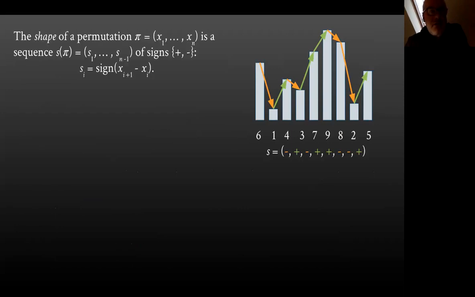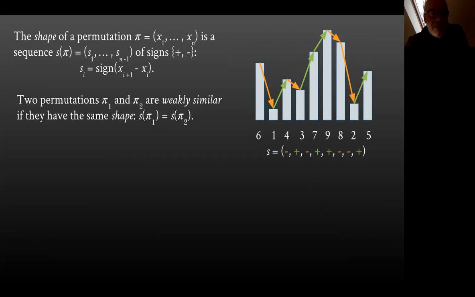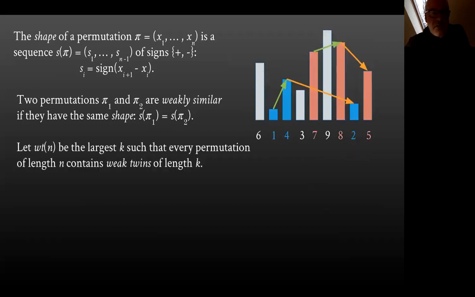We call a shape of a permutation a binary sequence that reflects just the relation between consecutive elements, whether it is bigger or smaller. And again, a natural definition says that when two permutations are weakly similar, they have the same shape, and the same questions can be repeated for such a weaker notion.